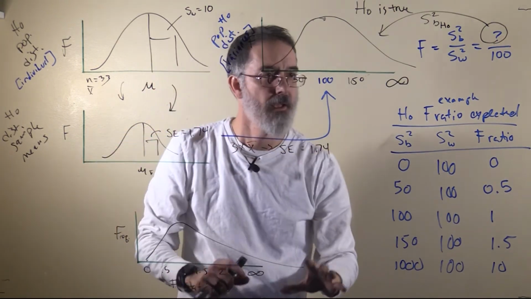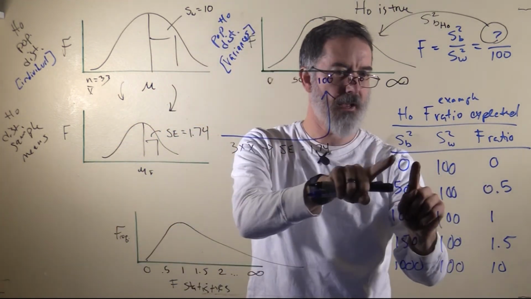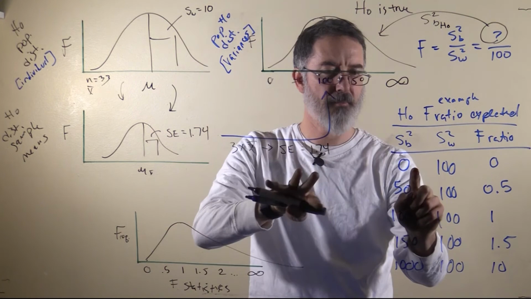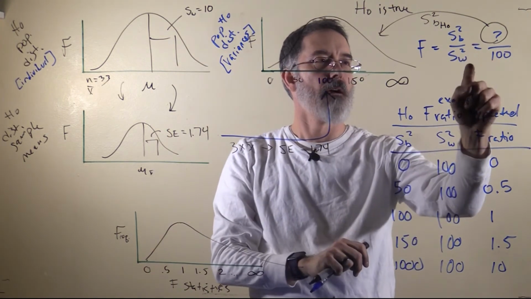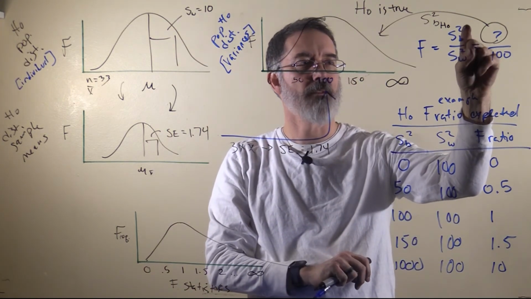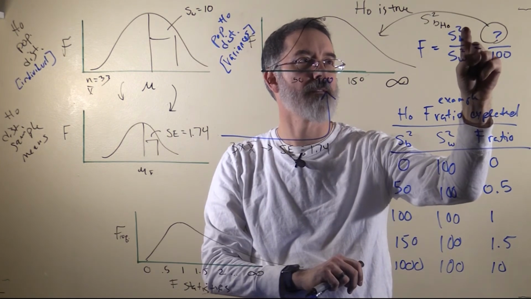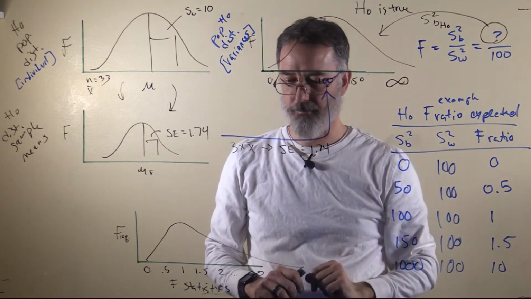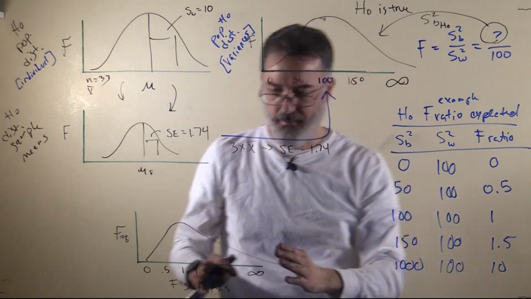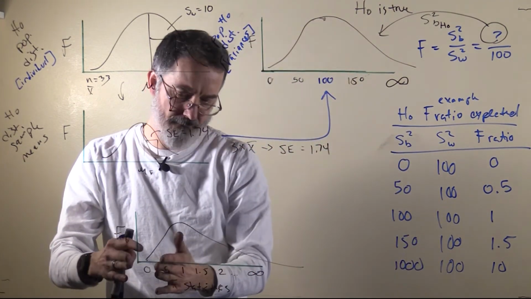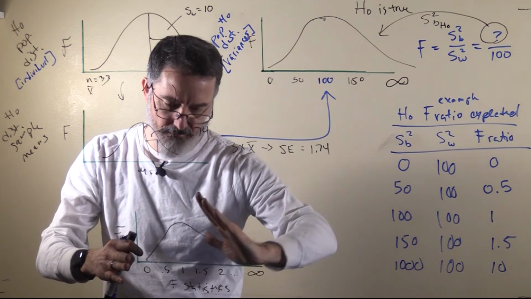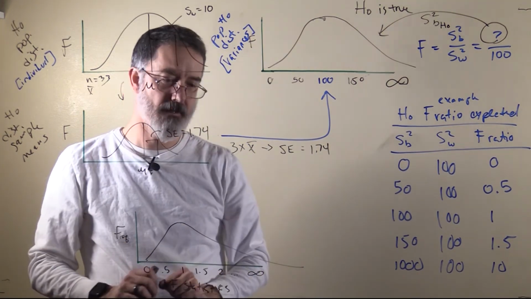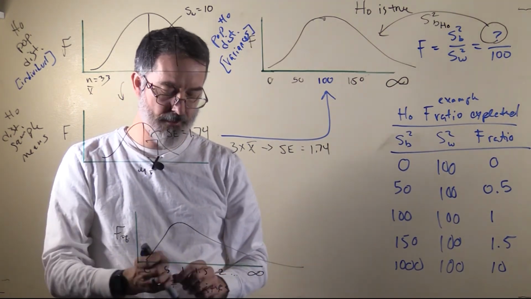All right, and remember, the reason you can think about it having a minimum of 0 is it's a ratio of two positive numbers. It's got to be positive because these are squared. And so you could never have a negative number. And because of that, what we've got here is basically a floor effect, or there's an absolute minimum, and so you end up with a positively skewed distribution.